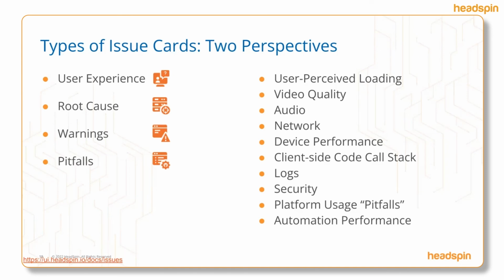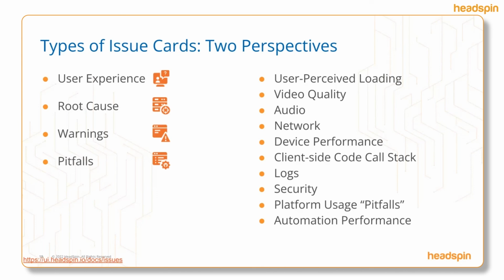We surface issues like app crashes, and from the logs. I mentioned the security issues that we surface in terms of unsecured network traffic. I also mentioned the platform usage and pitfalls around automation and debuggability, and then I guess the automation performance is a related but potentially discrete category here.